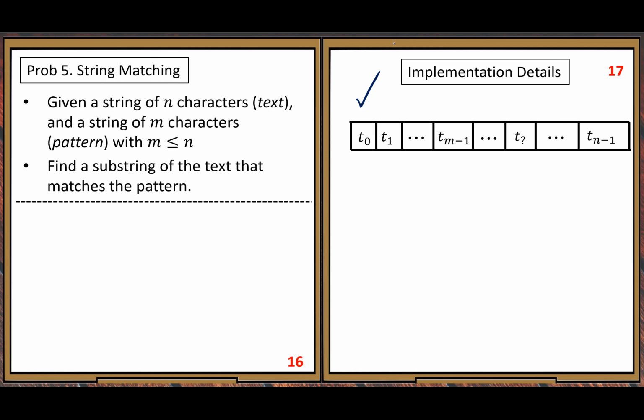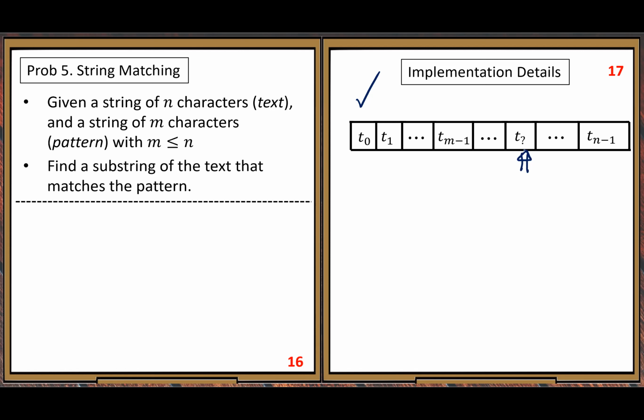Now I ask you a question. What is the position of our last m substring? Last, not first. First is easy, trivial, but for the last, look at this question mark.